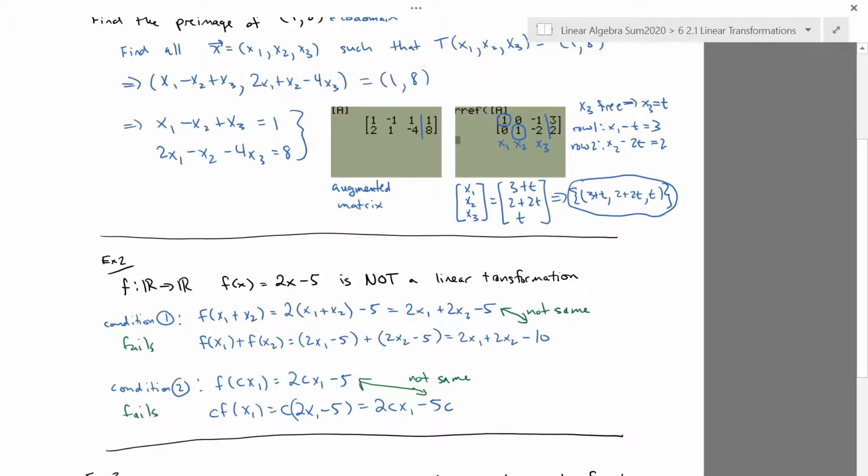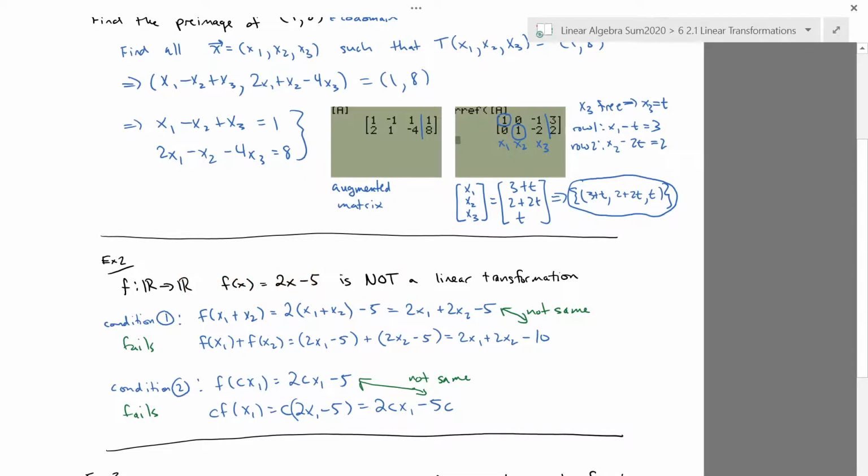Okay, so we see that the function f of x equals 2x minus 5 is not a linear transformation. You want to be careful about the terminology here. We have a linear function: 2x minus 5, because it's in the form mx plus b, is usually thought of as a linear function.